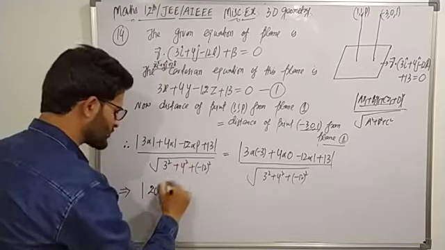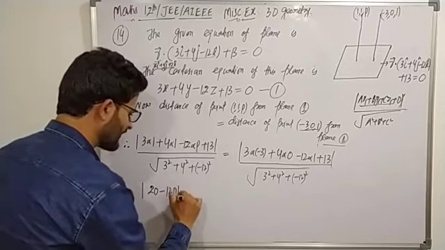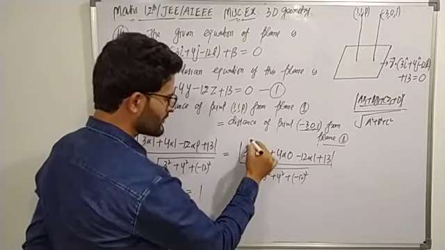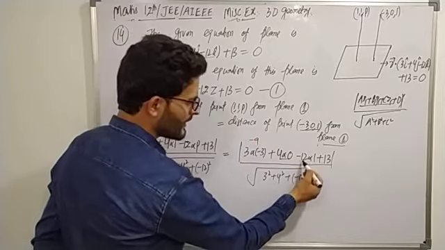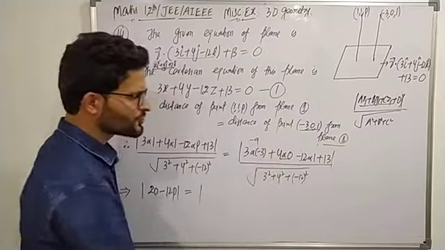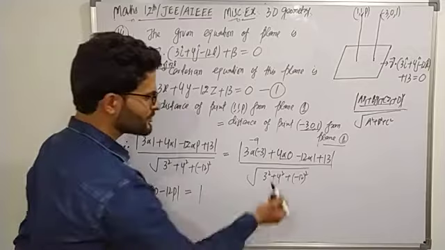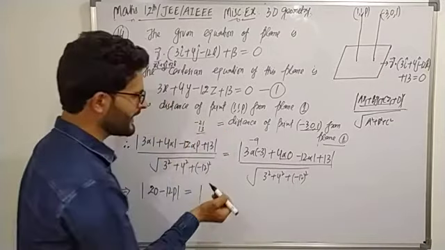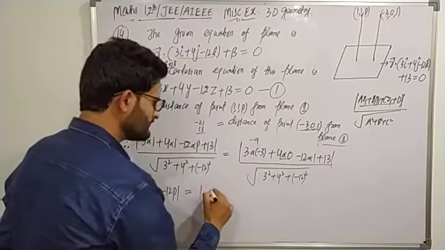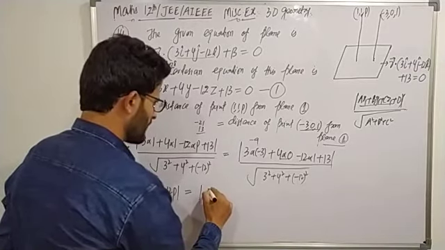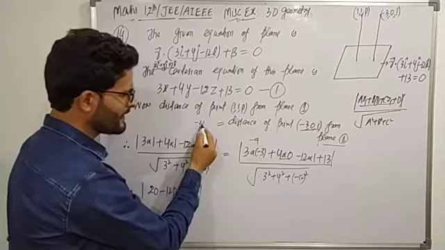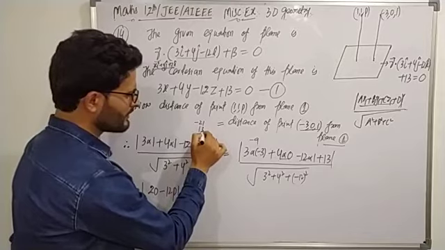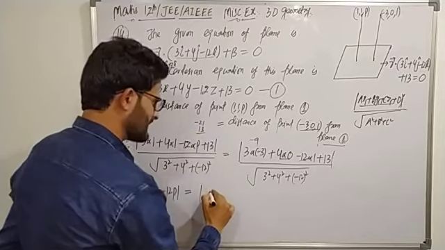So mod of 20 minus 12p must be equal to mod of 3 into -3, that is -9, ये 0, ये -12, -9 और -12 कितने हो रहे हैं, that is -21, -21 plus 13, that is -8.